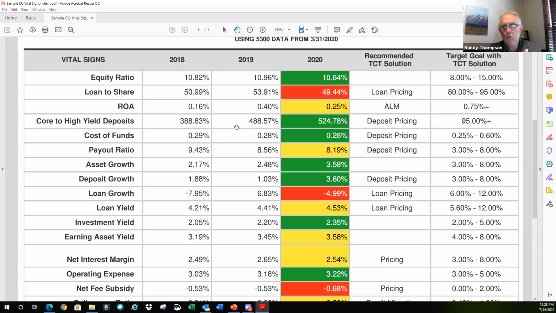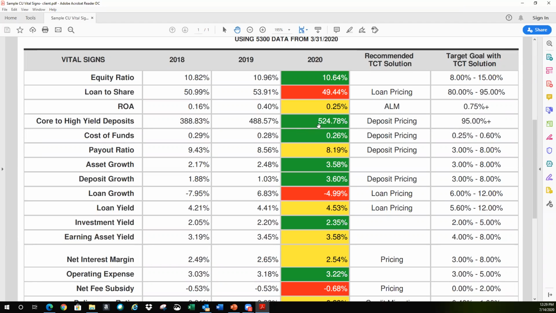Well, what we found in our analysis is that there is a healthy relationship, a healthy ratio between core deposits and high yield deposits. And what we found is that the healthiest credit unions have, as a minimum, $95 of core for every $100 of high yield. Now, the bigger that number is, the better it is for them.